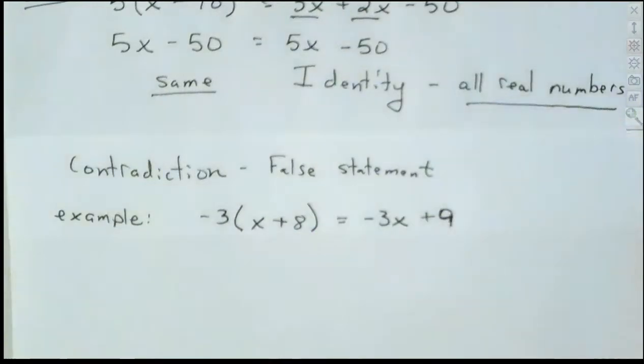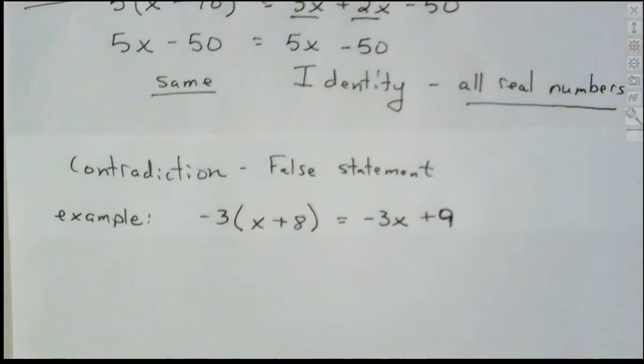This is going to be an example of a contradiction. Again, a contradiction is a false statement. So that means it's going to be something that doesn't work. Now, the variables are going to disappear. And we're going to be left with something that's not true.